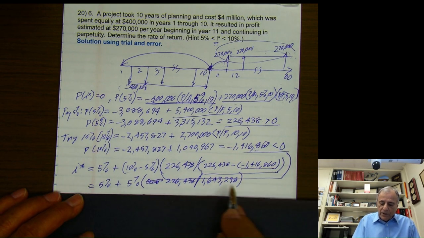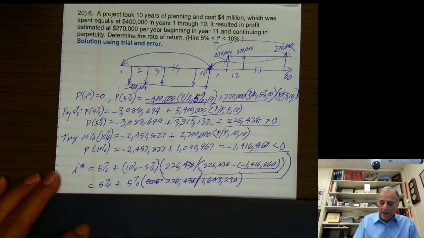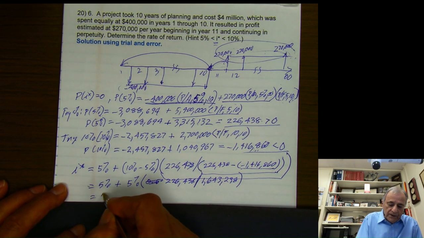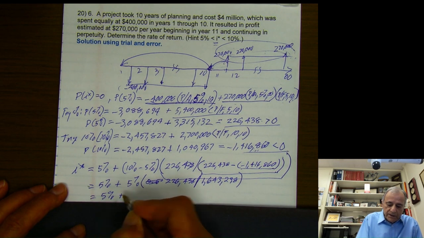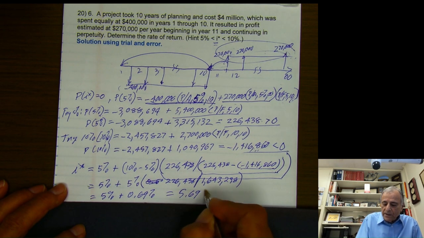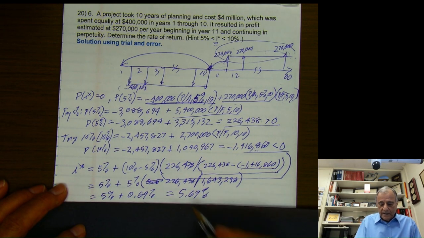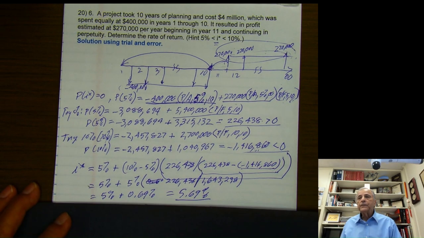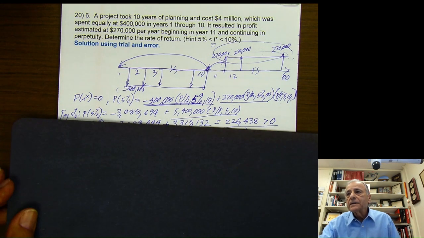And so that ratio is so small, when I multiply it by 5%, I just get 0.69. So this could be 5% plus 0.69%, which is 5.69%. And that's the answer to question number 6. And that's it. Thank you.